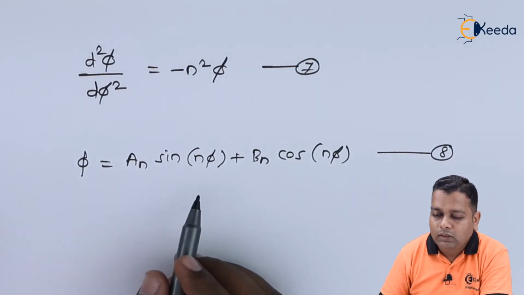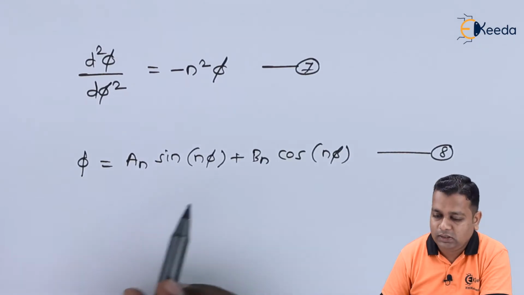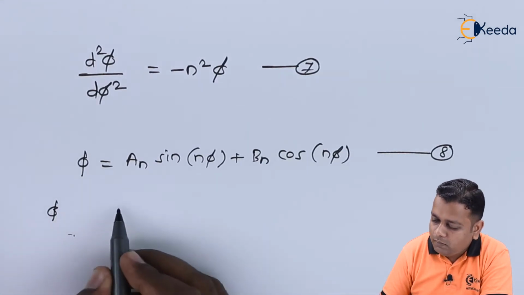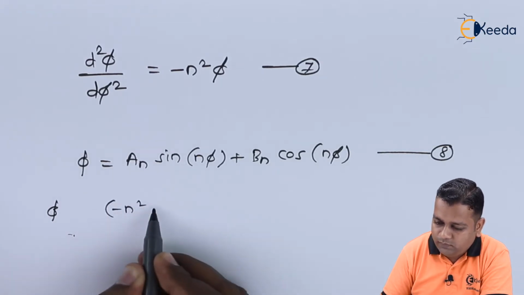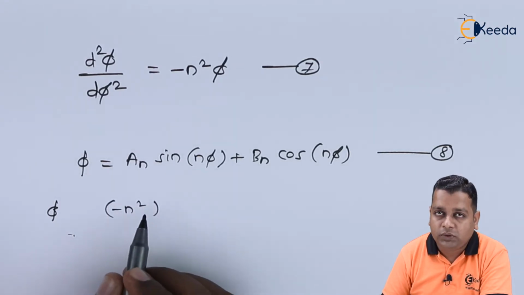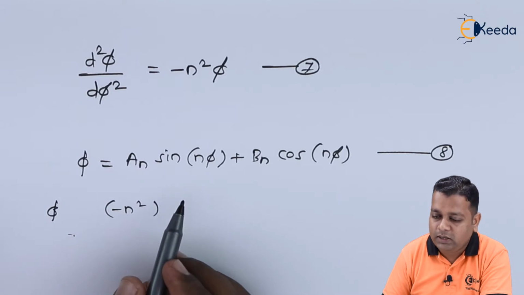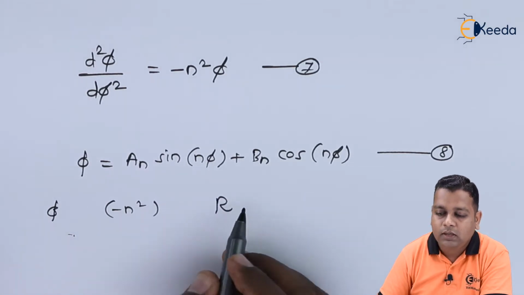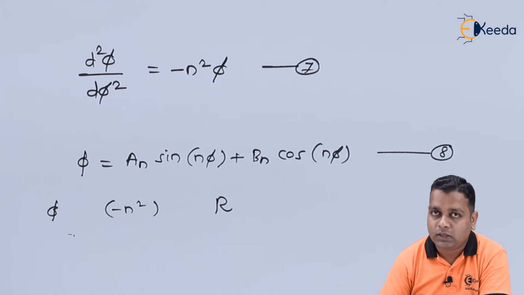Now in equation number 6, if we replace the term by small n square into the equation number 6 that we have previously written, and multiply throughout by capital R, we can have the new form of the equation.